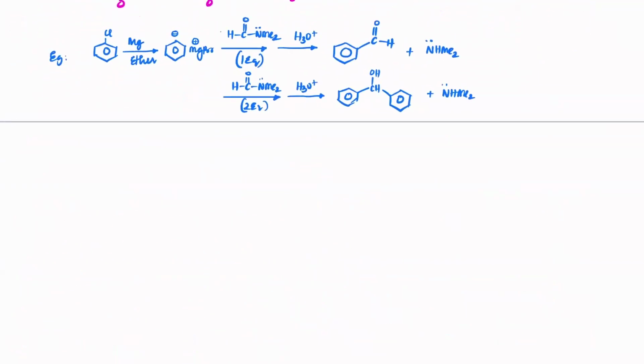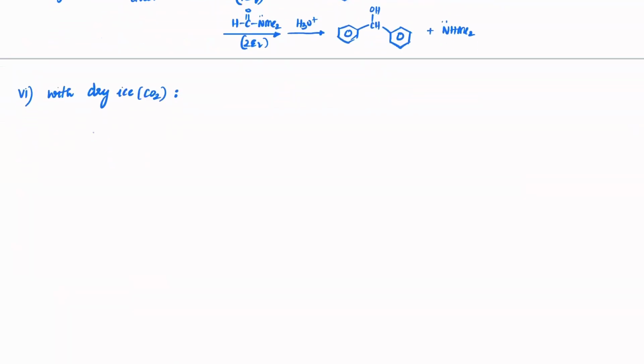Now see the sixth reaction. Sixth reaction is with dry ice or carbon dioxide. So if you react RMgX with CO2, followed by hydrolysis, you will end up getting an acid, RCOOH. So see the mechanism. How does it take place?